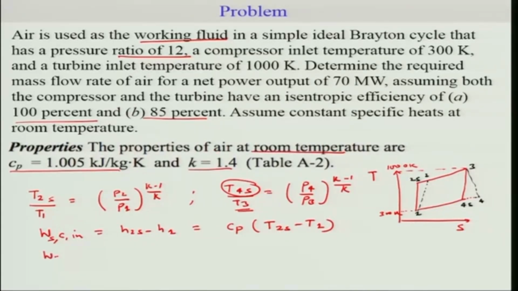Similarly, we can find out the turbine work, and that is going to be simply H3 minus H4S based on your simple energy balance here, and this is going to be Cp times T3 minus T4S. Okay, so we can calculate the work in this way.